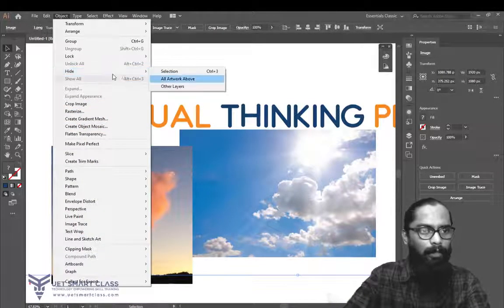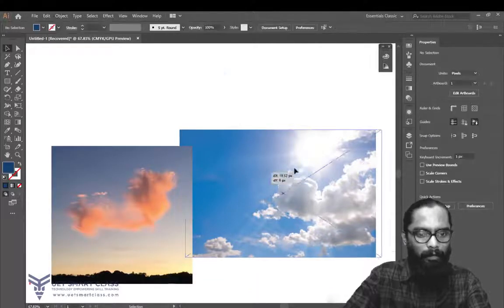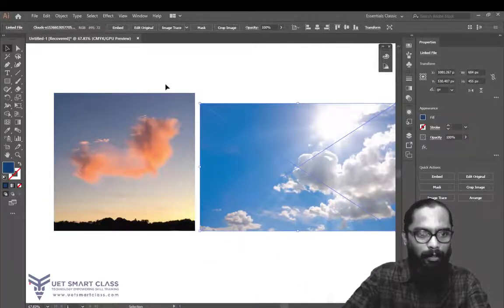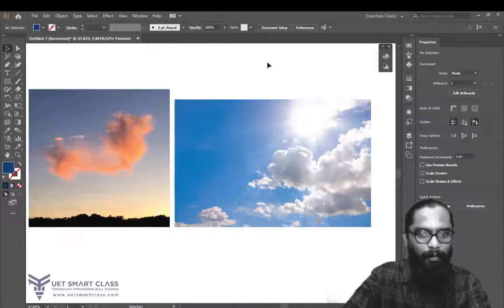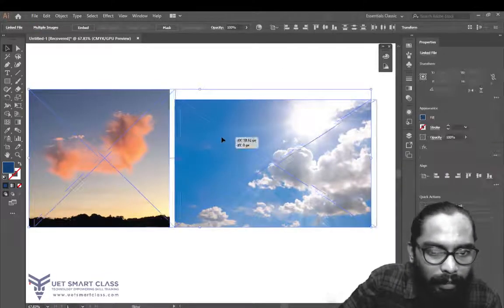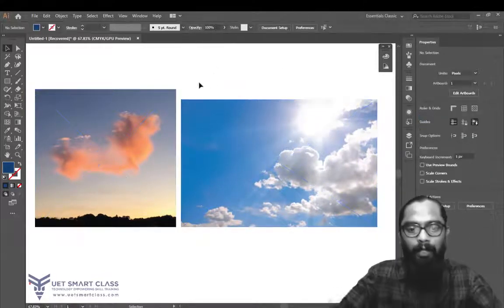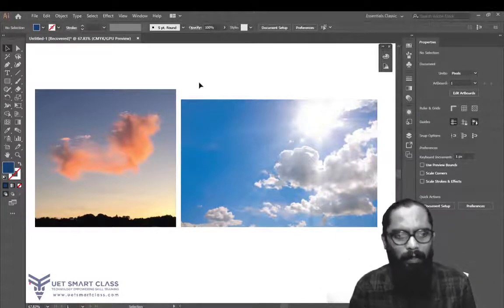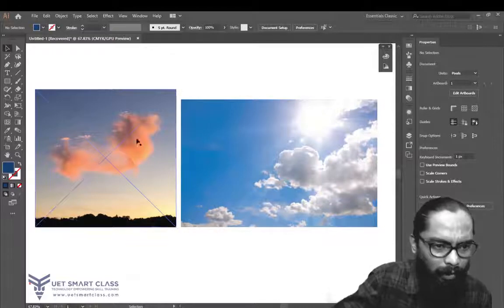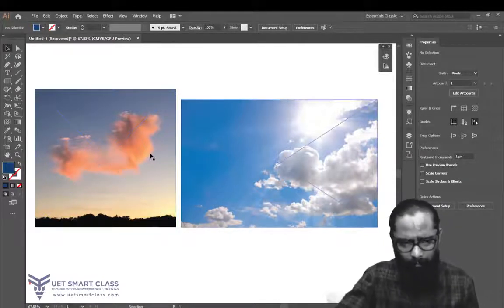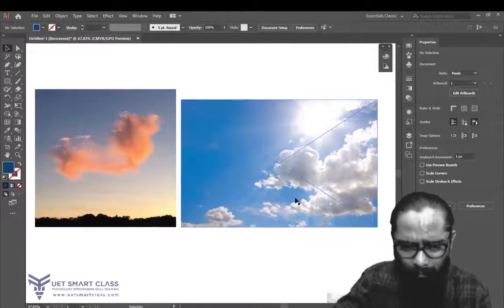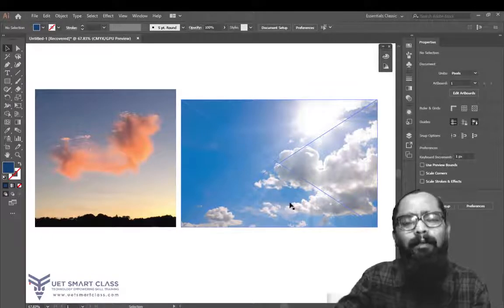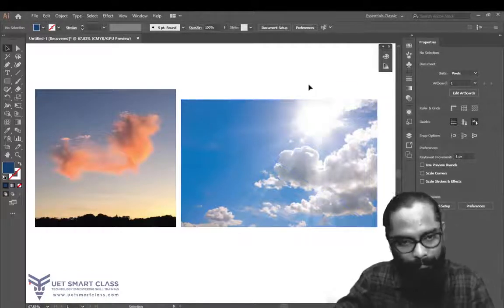Yes, I have two pictures. You can see, right? You can see there are two clouds at different times, right? One is in the evening, this one is in the evening time, and the other one is around noon time or in the morning. Clear?